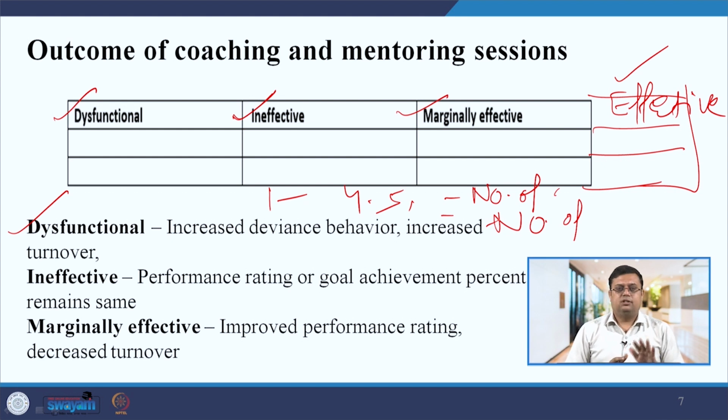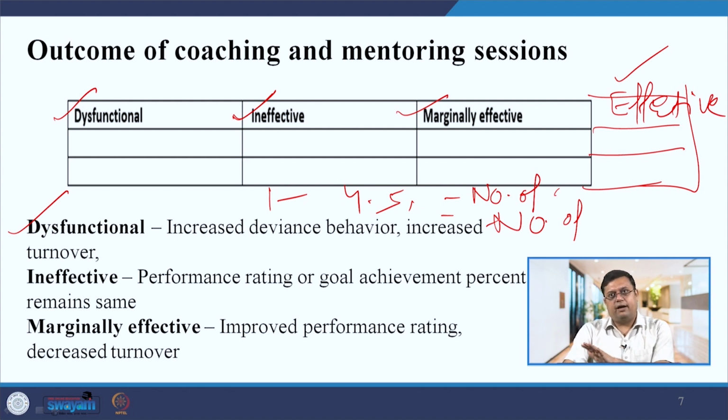If complaints, non-compliance behavior and deviance behavior are increasing, and you found most of the coaching and mentoring programs are dysfunctional, then you should discontinue such coaching and mentoring programs, or discontinue such coaches and mentors, because the effective outcome which was expected from the coaching and mentoring is not coming, right.